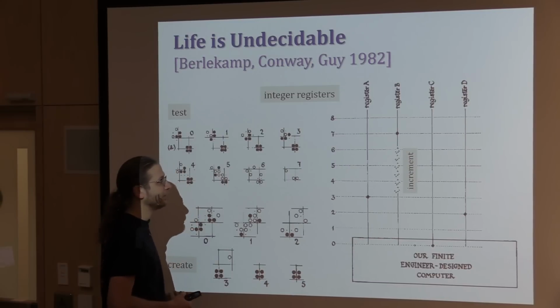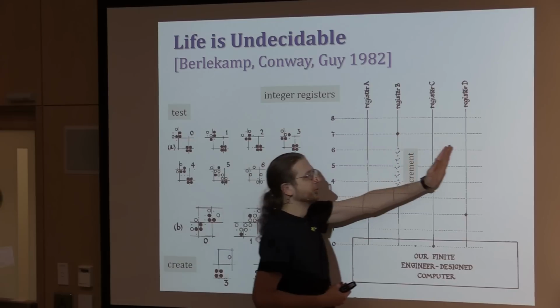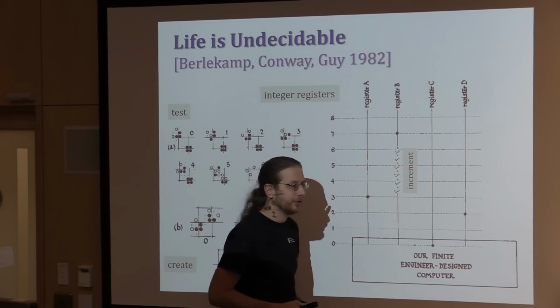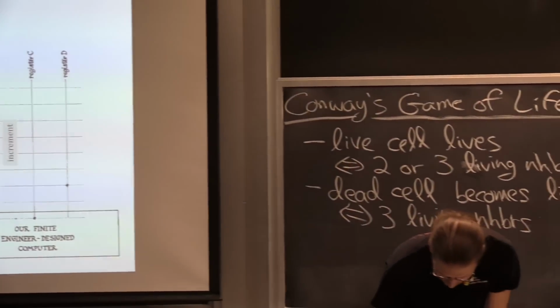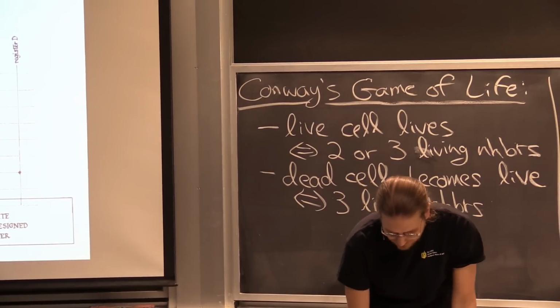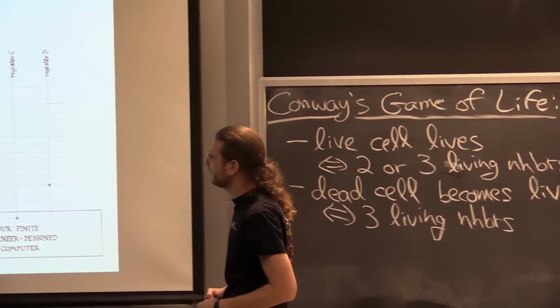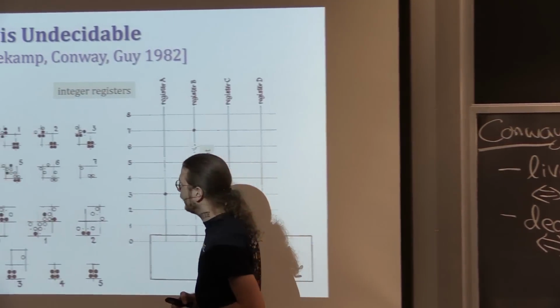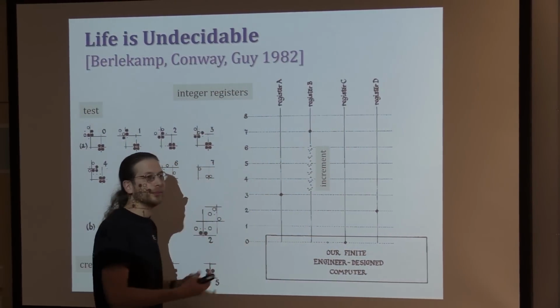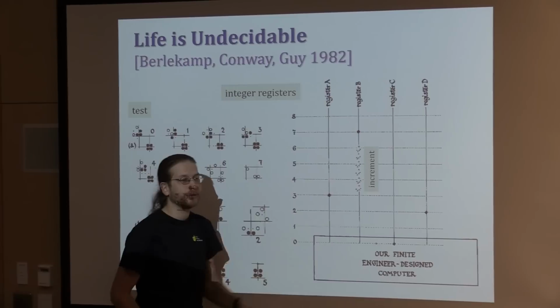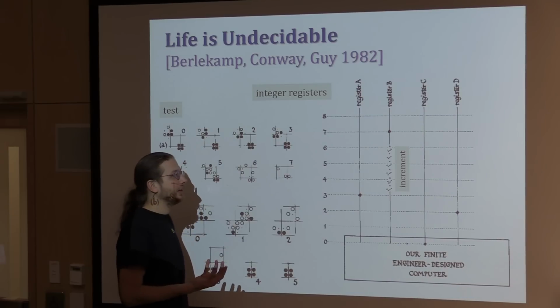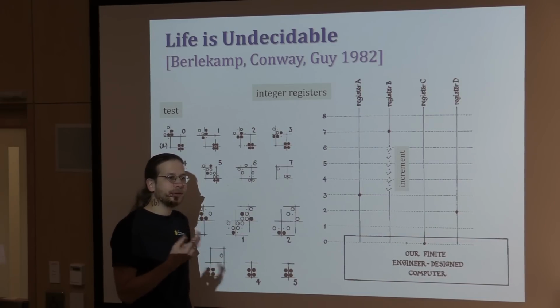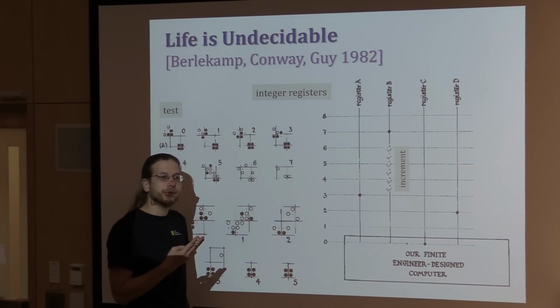And their idea is to have a small number of registers. Two are enough. This is called a Minsky machine, a 2-counter version, and Minsky proved that you can simulate a Turing machine with 2 counters. What's a counter? It stores a non-negative integer, and you have 3 operations: increment, decrement, and check whether it's 0.